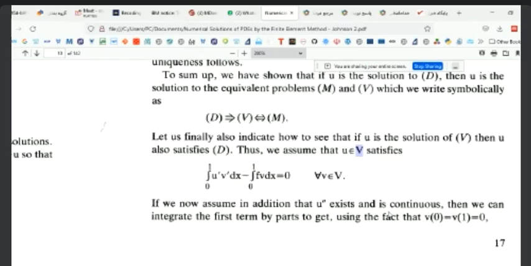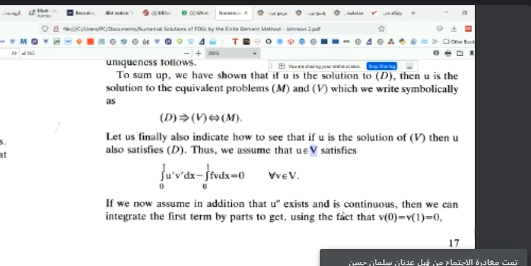then we can integrate the first term by parts to get the result we want to prove.